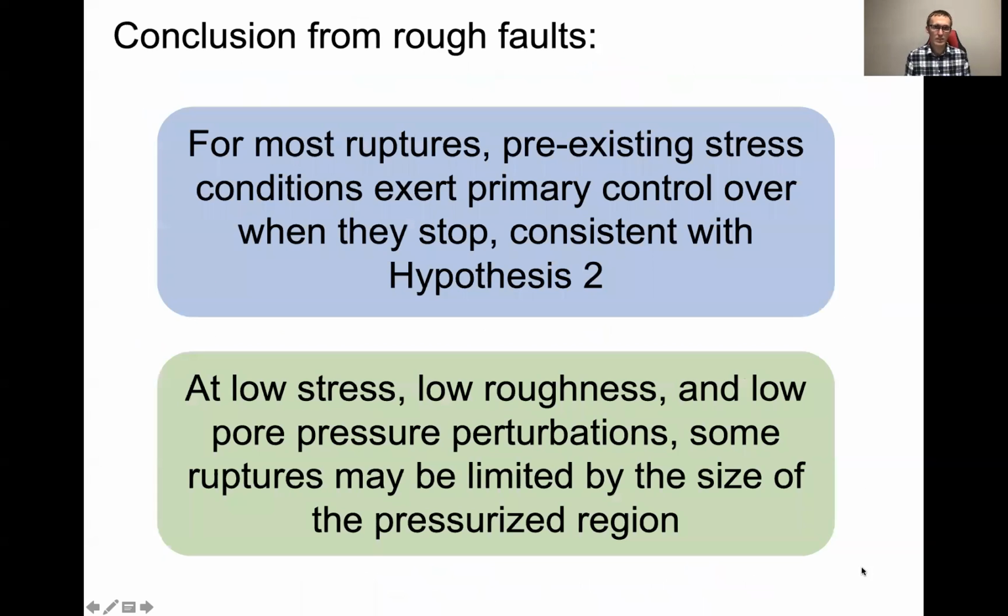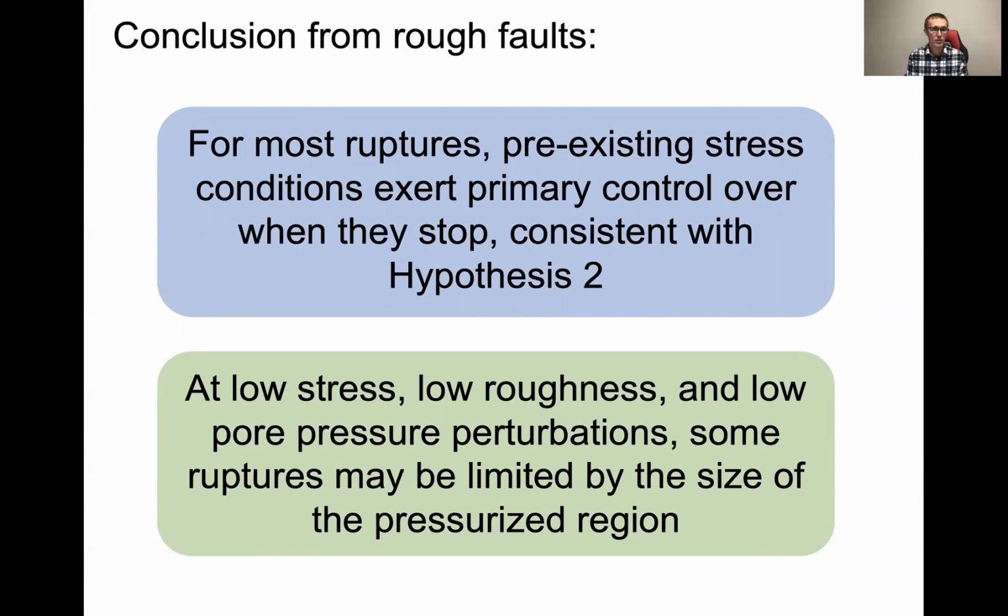So what this is telling us is that the rough fault simulations are a little bit more complex than the planar fault simulations. For most ruptures, pre-existing stress conditions, and that includes stress heterogeneity from fault roughness, exert primary control over when they stop, which is consistent with hypothesis 2 that induced earthquakes behave essentially as tectonic earthquakes. On the other hand, at low stress, low roughness, and low pressure perturbations, some ruptures may be limited by the size of the pressurized region.